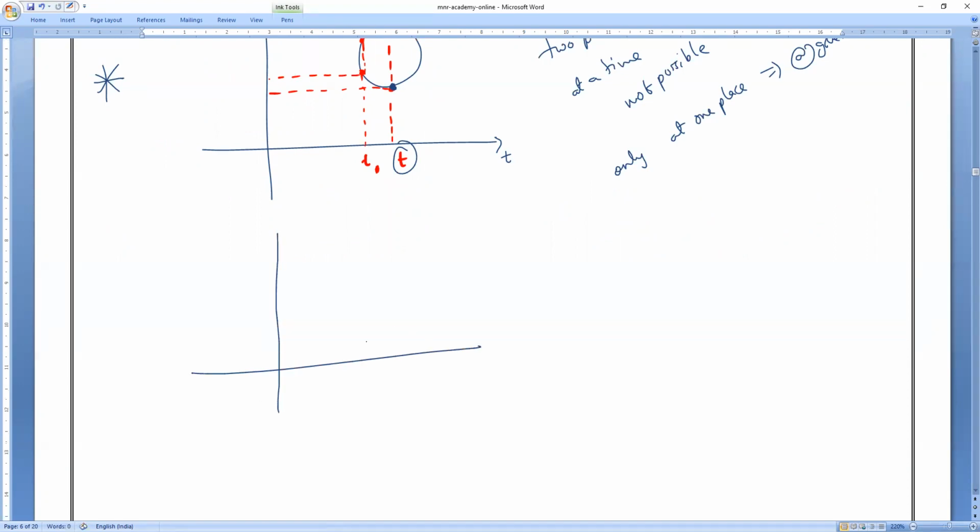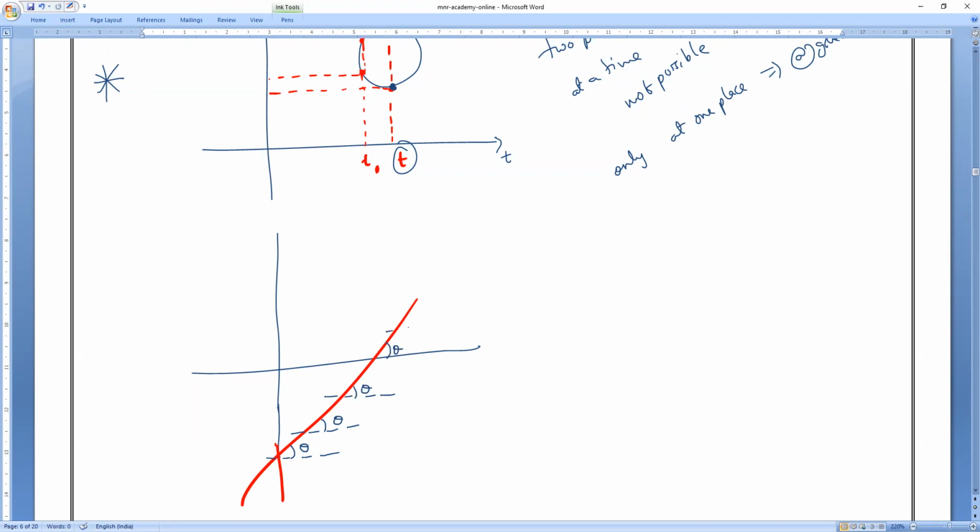Next graph. If the graph is like this, now you tell me, theta is same or different? Theta is constant or variable? Here I will verify, theta. Here also, theta.